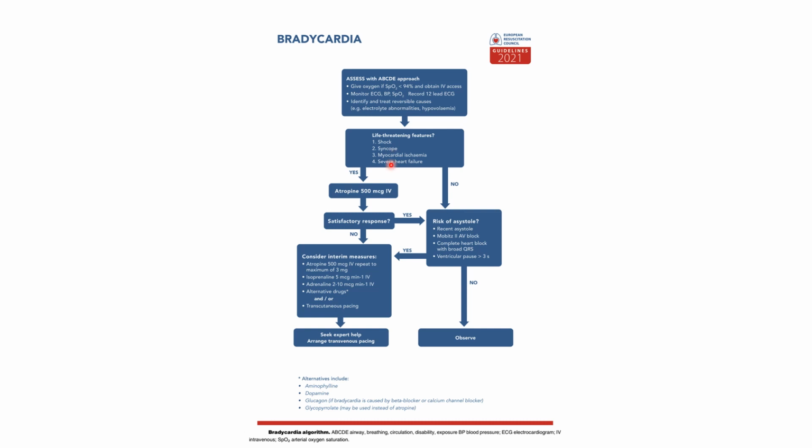If they're not acute, there are some criteria where you should treat them as acute anyway. But if they are acute, then you treat them first with atropine, then second level is isoprenaline or epinephrine, which is kind of the same drug, and then transcutaneous pacing.